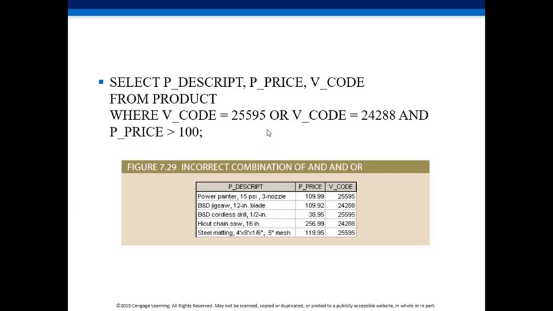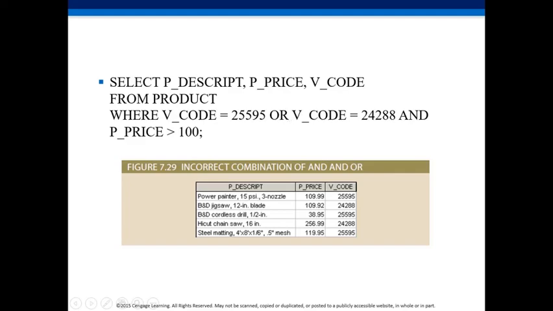We can combine AND and OR, but this example will produce incorrect results, because all vendors with 25595 are included, even though some of the price values are less than 100. It included them, but the price should have been considered, since it should be greater than 100. The problem is the order of AND and OR.